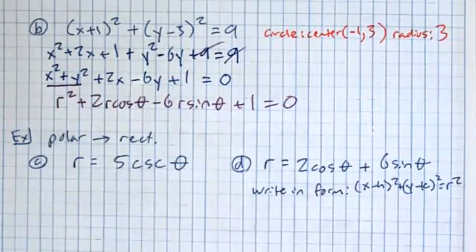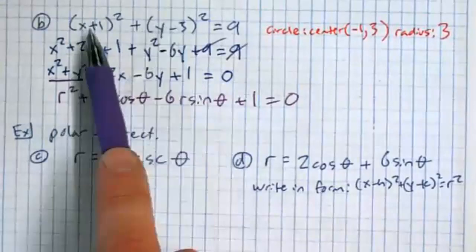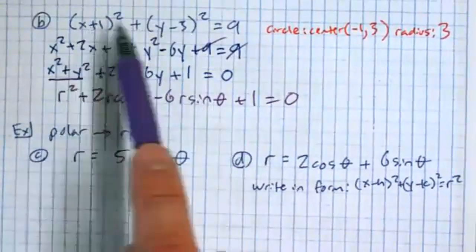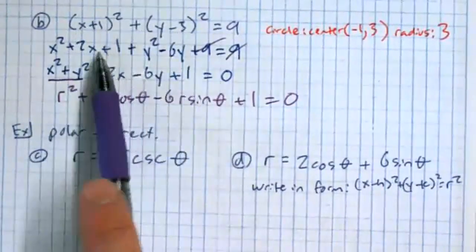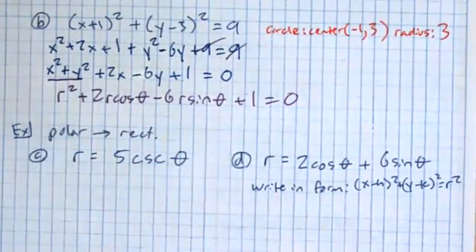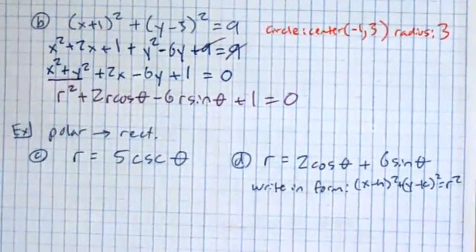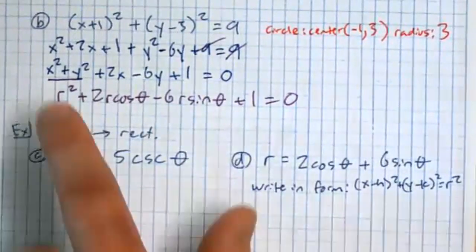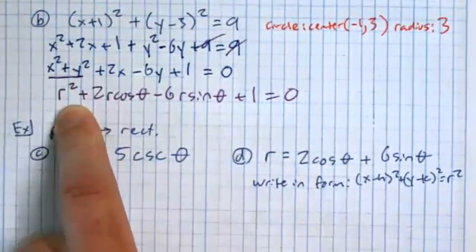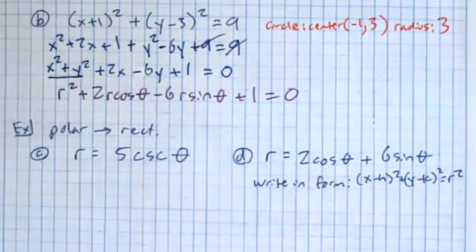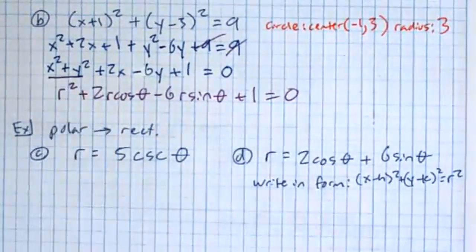So you're going to run into some of these where it's going to have some x's and y's in parentheses squared. My hint to you is do your squaring before you convert into r's and thetas, and try to get an x squared and a y squared together. If you can get an x squared and a y squared together, that's r squared. Cool, 2 more and then we're done.